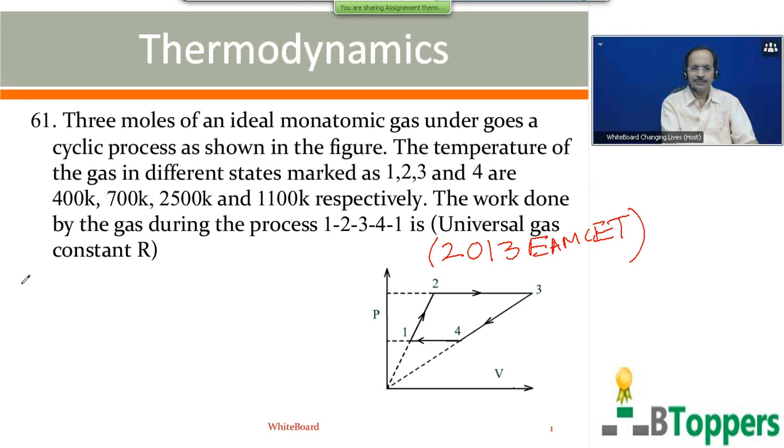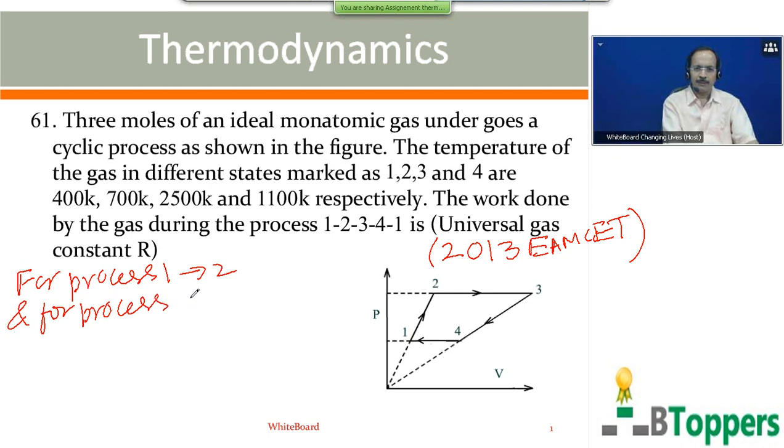So you can observe that for process 1 to 2 and also for process 3 to 4, the graph is a straight line.